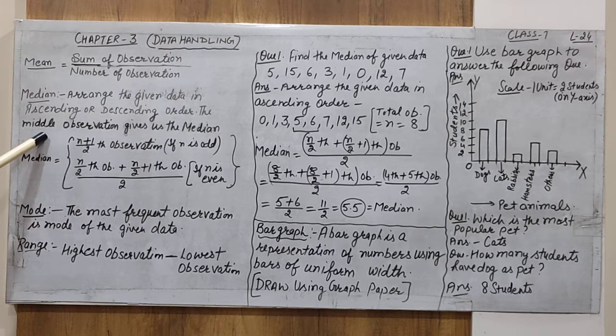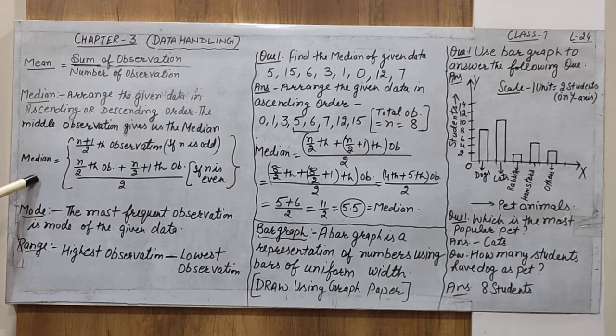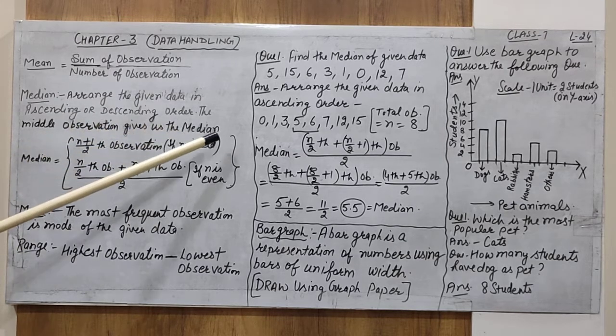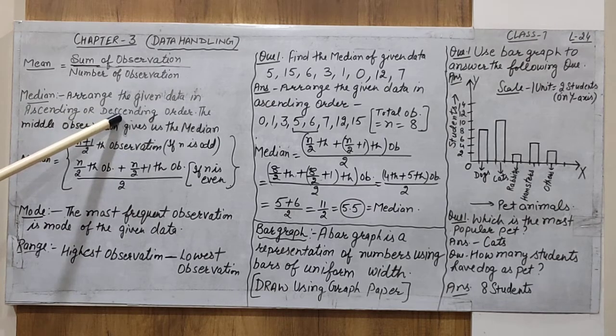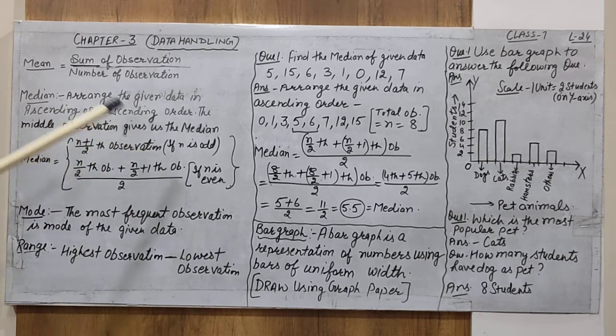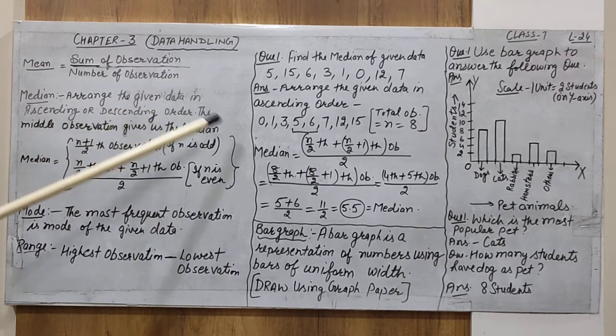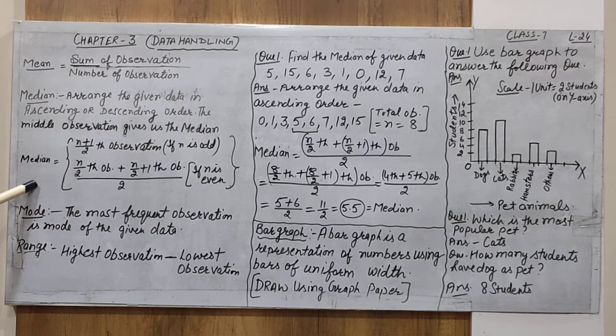You have to count the observations, or there is a formula we can use to find the middle of the given observations, and that middle observation is known as the median of the data. Ascending order is also known as increasing order, and descending order is also known as decreasing order.